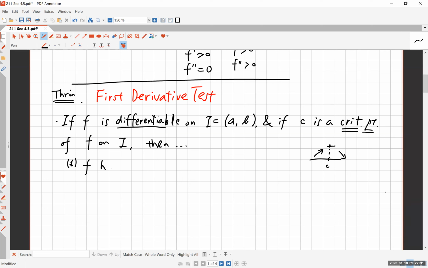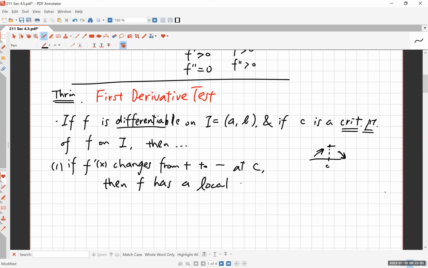If f prime changes from positive to negative at C, so this is a situation, positive before C, negative after C, then guess what? f has a local maximum at C. All right, not hard to understand, right?